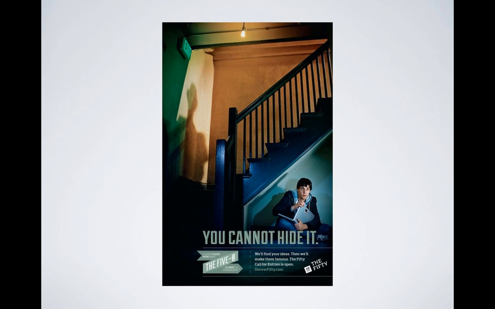They're connected. The "You Cannot Hide It" ties into the young man because he kind of represents the you in the "You Cannot Hide It," since he's the one that's hiding the ideas. And then that gives way to the 5-0 logo down here and some of the smaller pieces. So it goes in steps from most to least dominant.